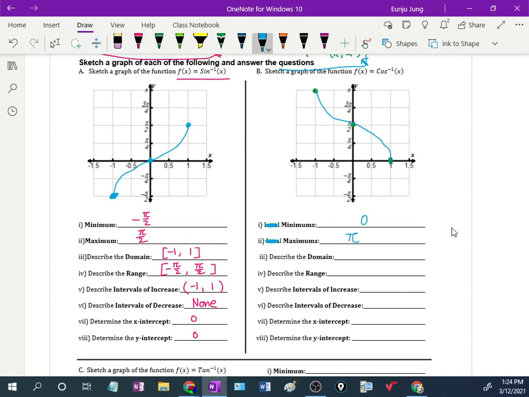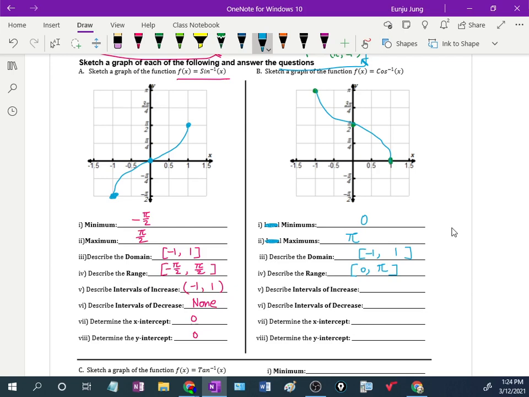What's the domain? Domain is negative 1 to 1, which was the range of the original function. What's the range? That's right. So this is 0 to pi. Describe intervals of increase.